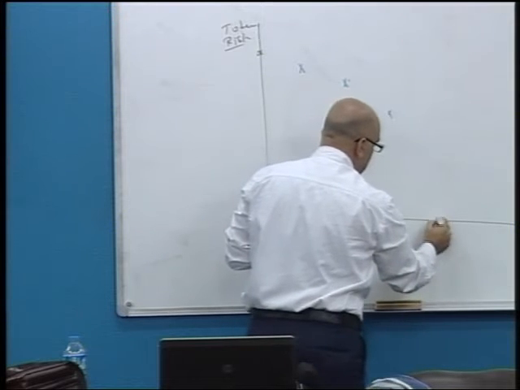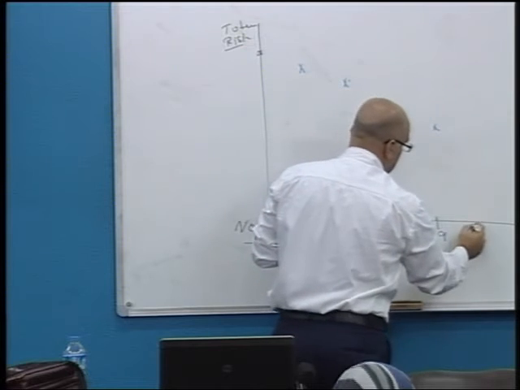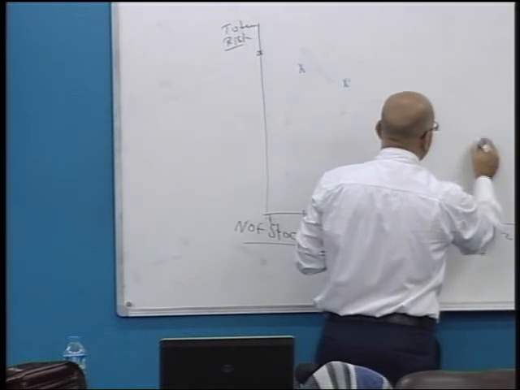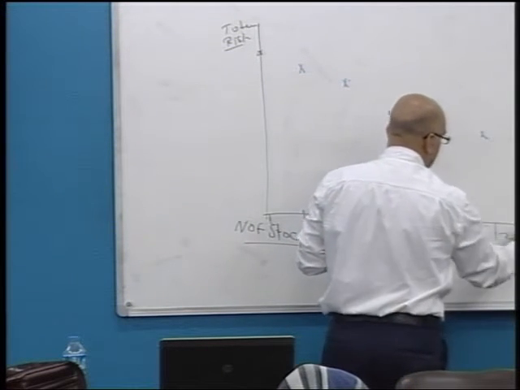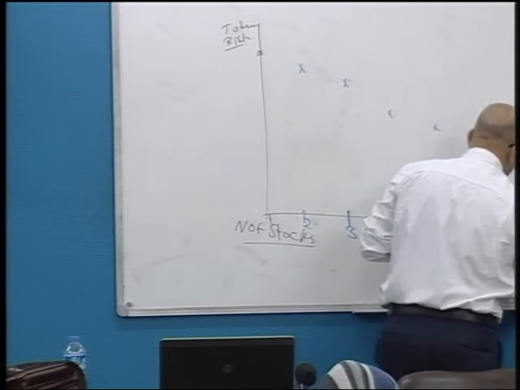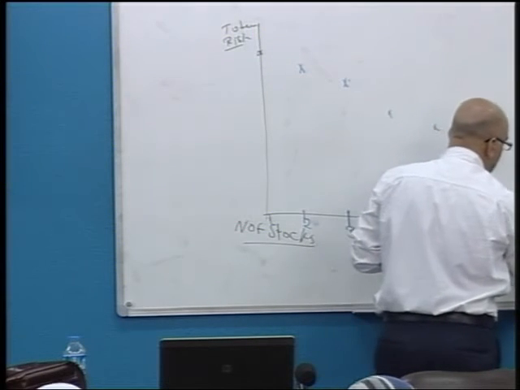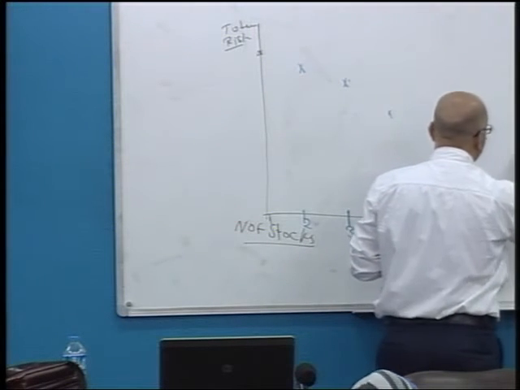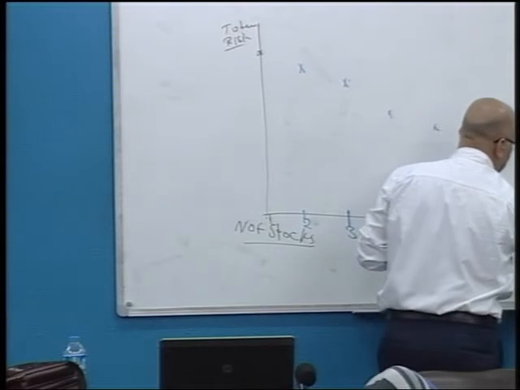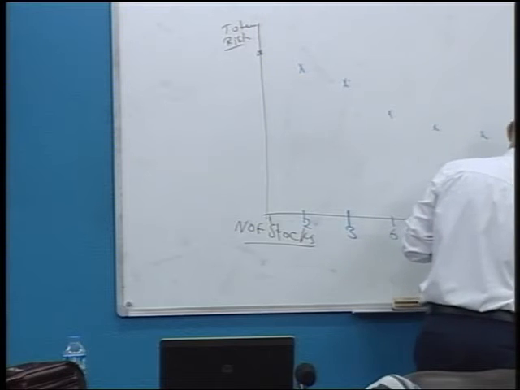If we add 9 stocks, the risk will be here. If we add 12, the risk will be here. 24 will be here, 50 will be here, and so on.